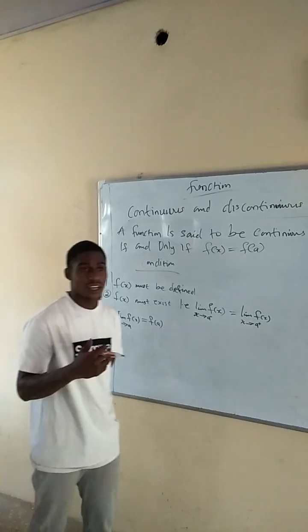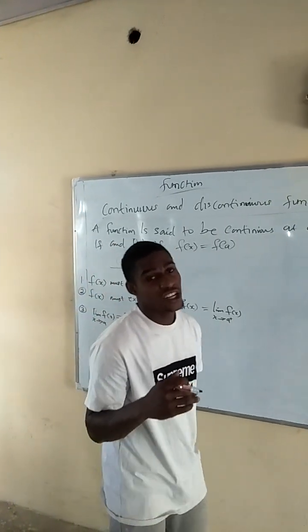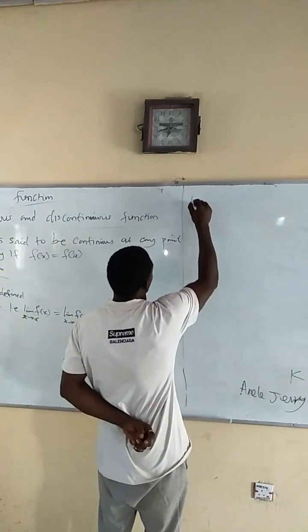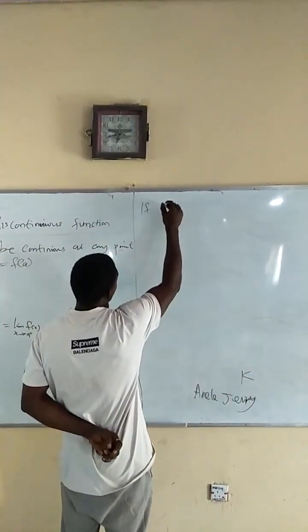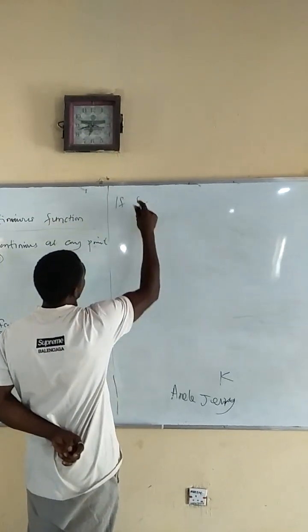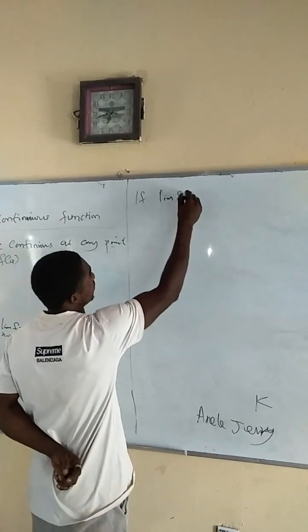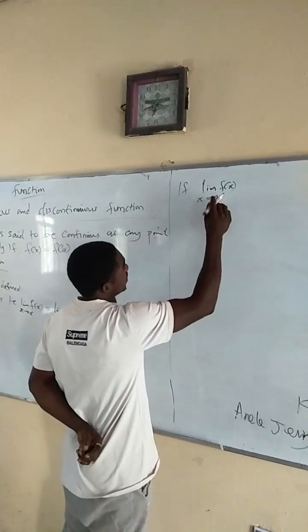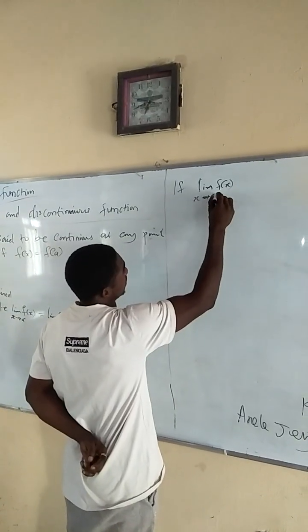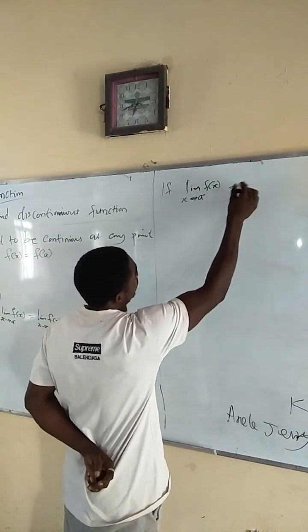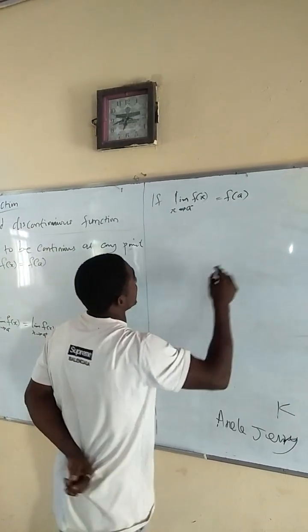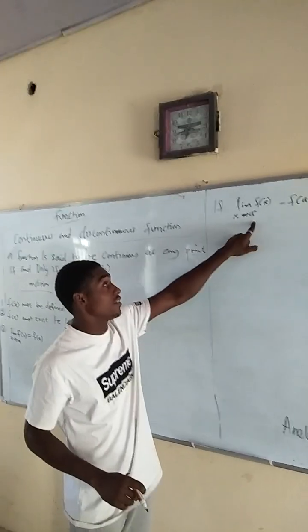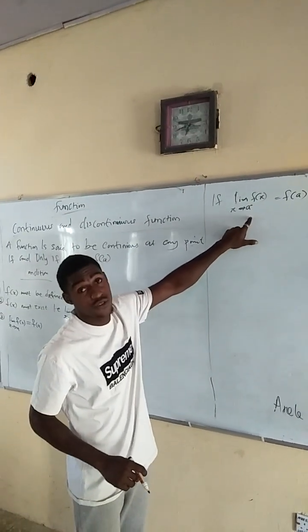But there is one thing that I want us to know, that a function can be continuous at one side. This is what I'm saying. If the limit of f of x as x approaches a from the left is equal to f of a, we say the function is continuous from the left.